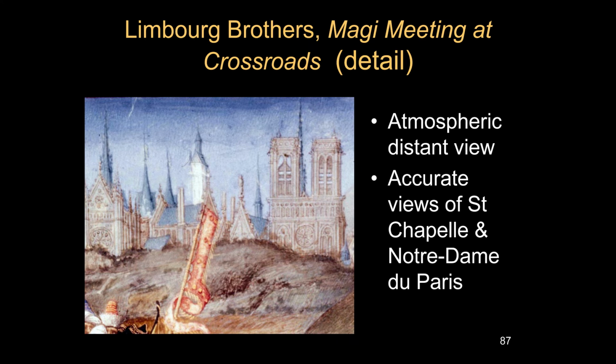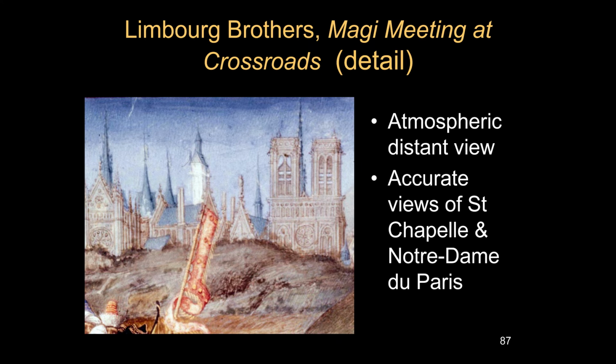Sainte-Chapelle is, as you look at it, far left, and that is the 13th century chapel for the kings of France. And, of course, Notre Dame de Paris is very close to it on the Ile de Paris, in the middle of the Seine. And you can see the church facade here with the 2-tower facade.